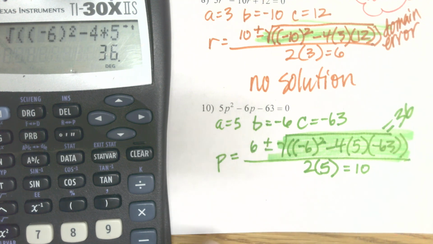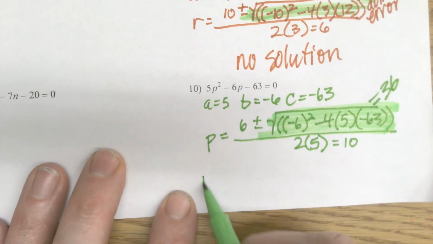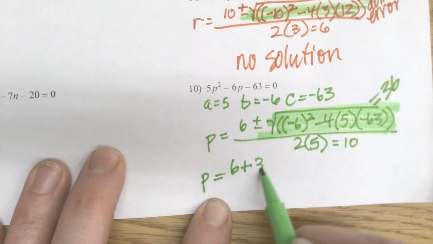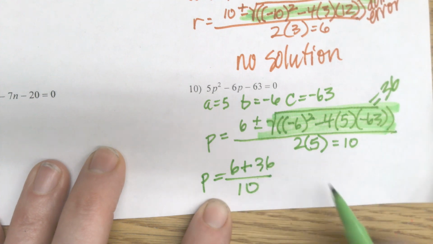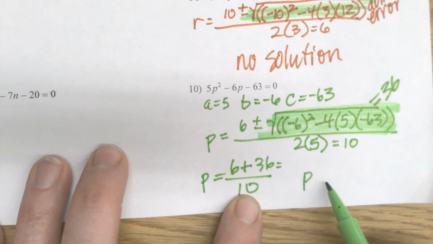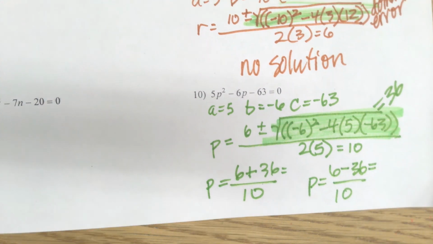I could have probably used the snowflake formula, but instead I'll find my p's this way, 6 plus 36 divided by 10. Don't forget it equals on the top. And then 6 minus 36 divided by 10. And again, don't forget to hit equals before you divide.